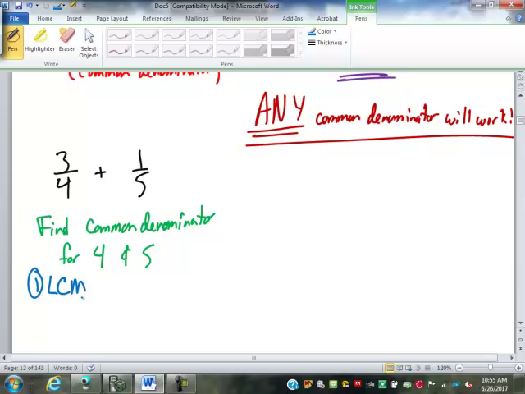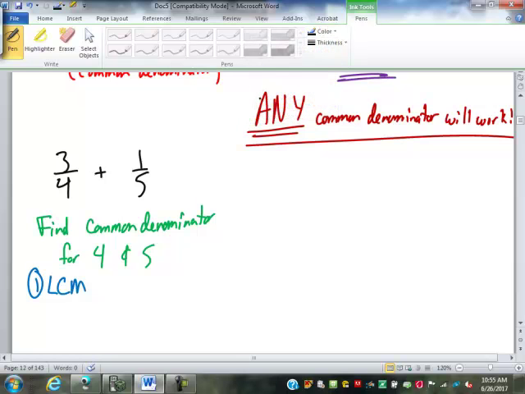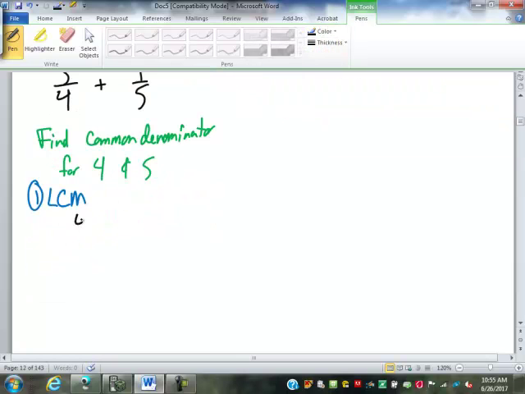Factor them and see what they're missing. Well, 4 is 2 times 2, right? 5 is prime, so its only factor is 5. So the top number needs a 5 and the bottom number needs 2 2s. So 20 would be the least common multiple or least common denominator.